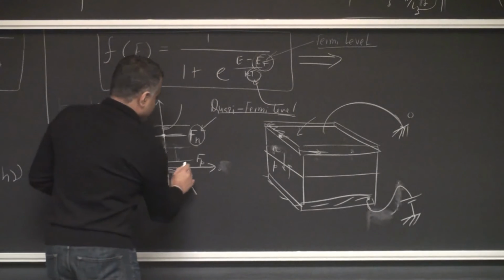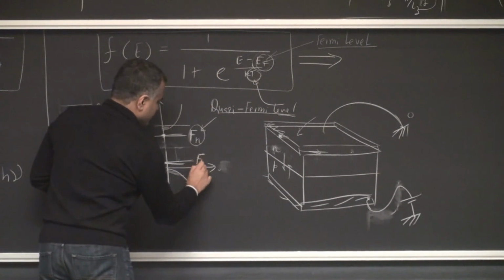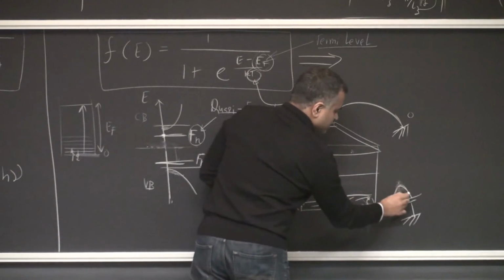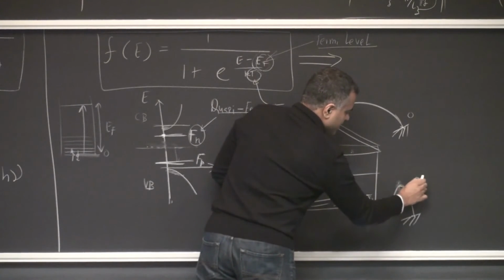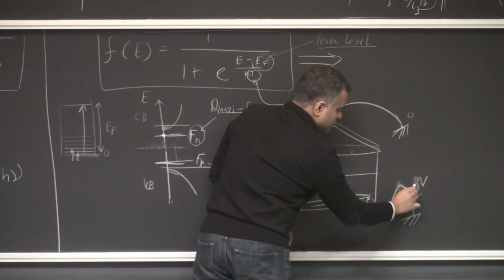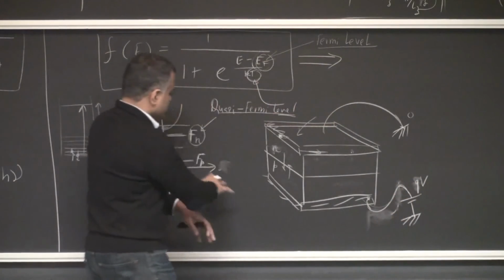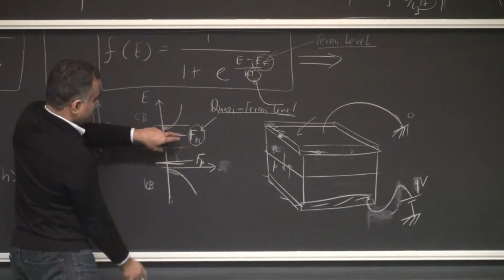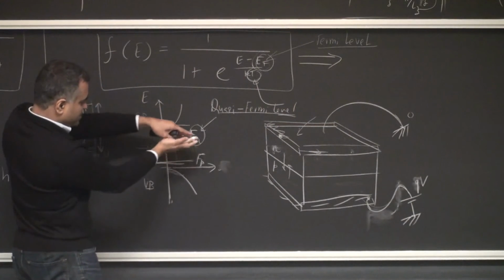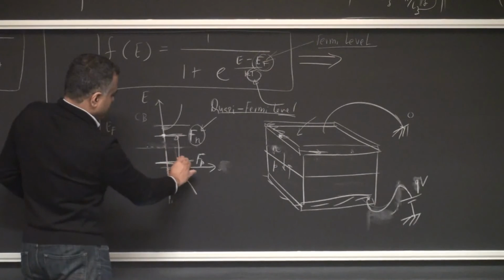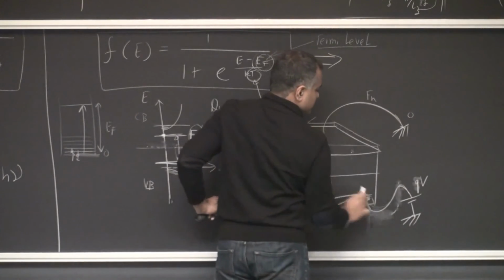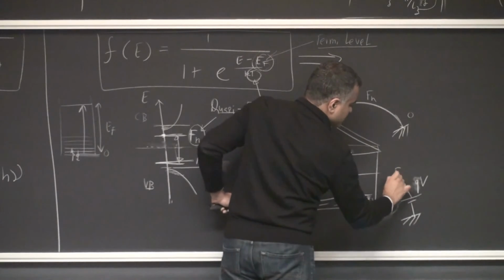Similarly, I have connected the F sub p, which is the quasi-Fermi level of all the holes that are floating around in the p region, to that terminal. And I can apply a voltage V across it, in which case that population of holes will have q times V energy different from this population of electrons here. So I can split it. This Fn is controlled by this terminal, and Fp is controlled by that terminal.